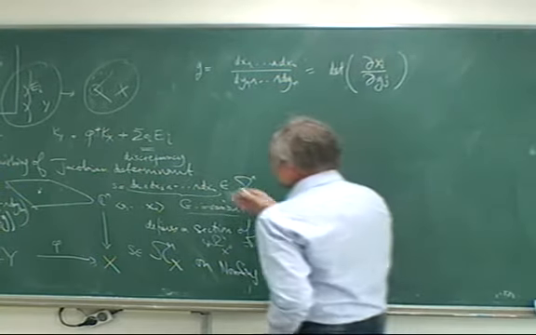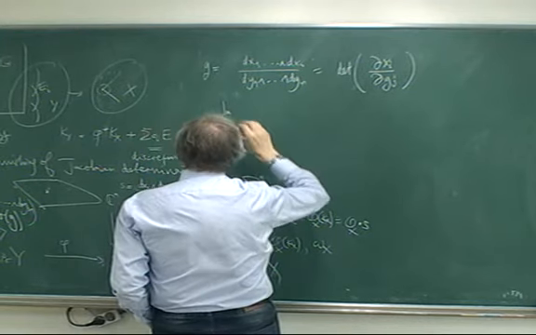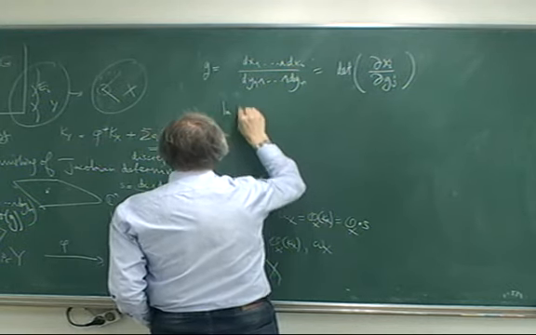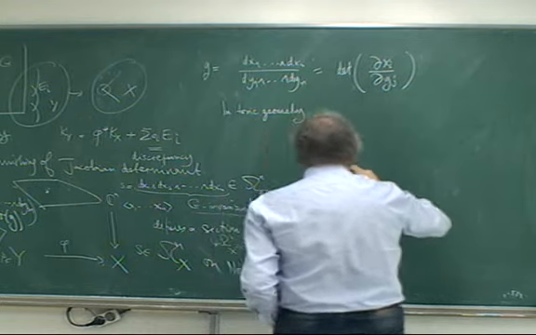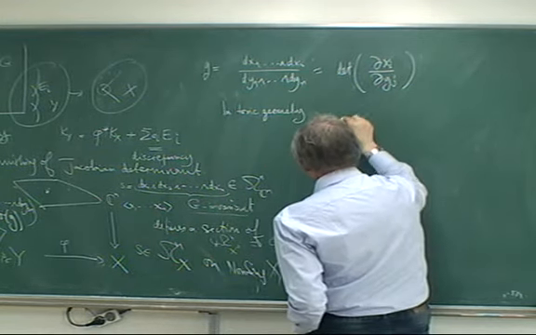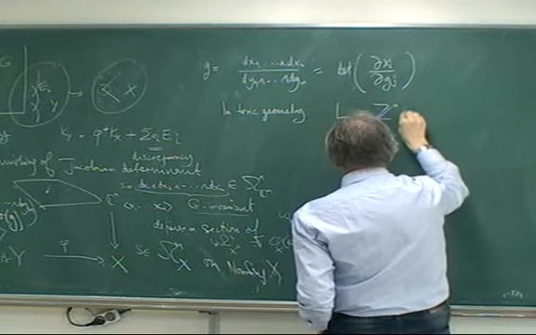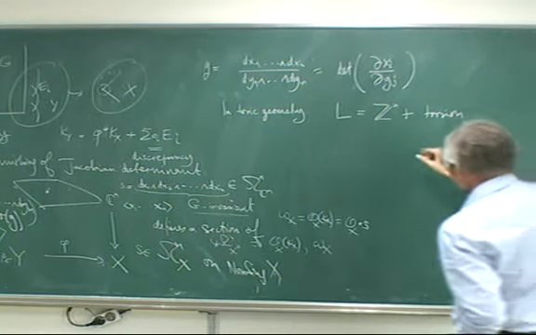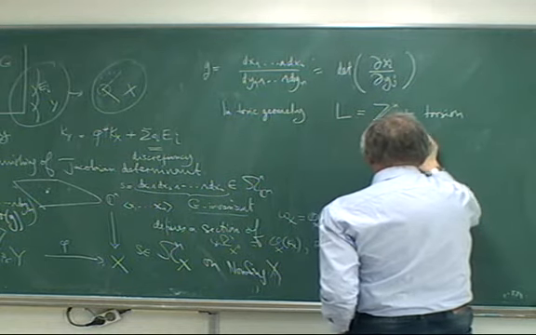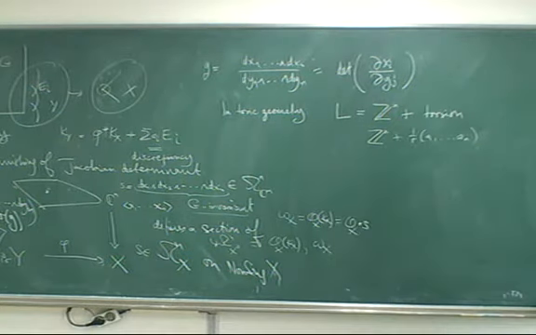So let me explain what this means in toric geometry. I'm going to draw these lattices. I'm going to draw lattice L, which is Z to the n plus torsion. So if it's a cyclic group, this is Z to the n plus 1 over r of (a1 up to an). But it might be a bigger group that needs more than one generator, but it's still the same kind of idea.